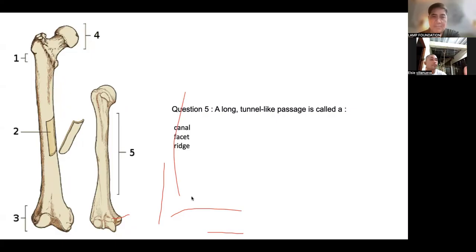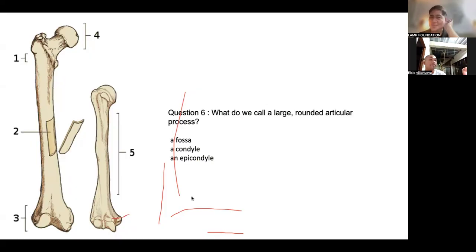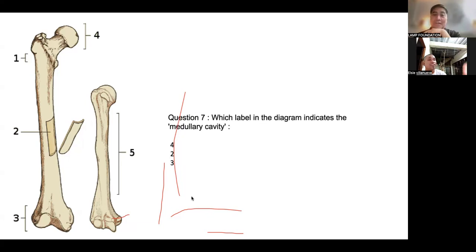A long tunnel-like passage is called a canal. A large rounded articular process is a condyle.